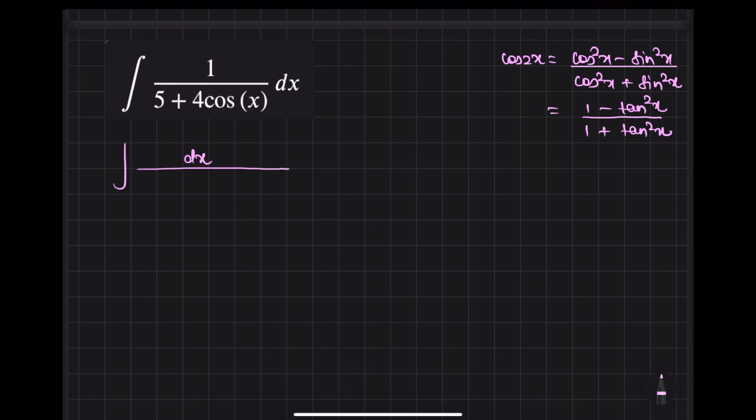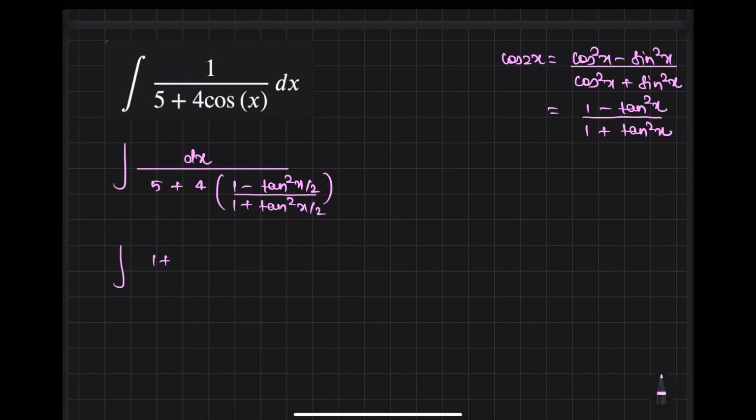So look at this part. We will be writing 5 plus 4 times 1 minus tan square x by 2 upon 1 plus tan square x by 2. Okay, we will take the LCM and then we will send the bottom thing in the numerator.